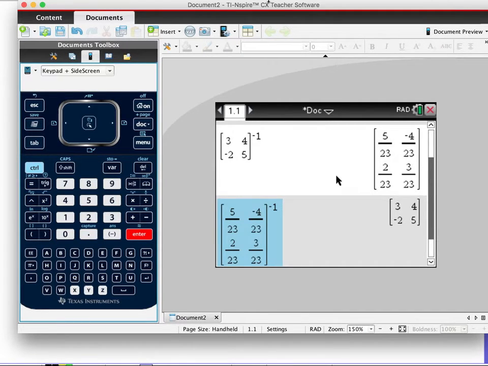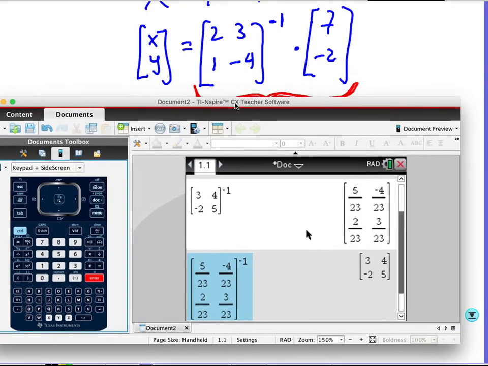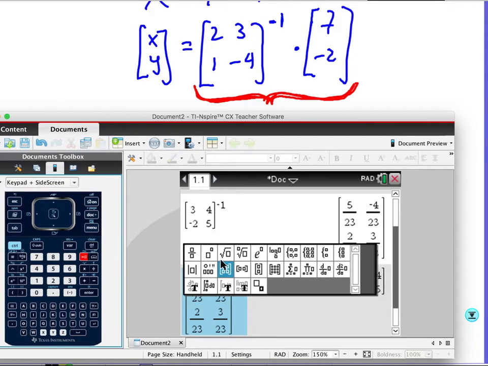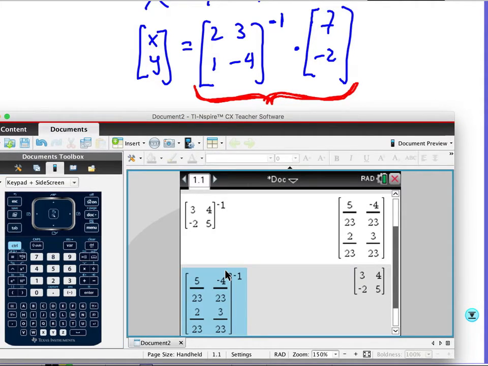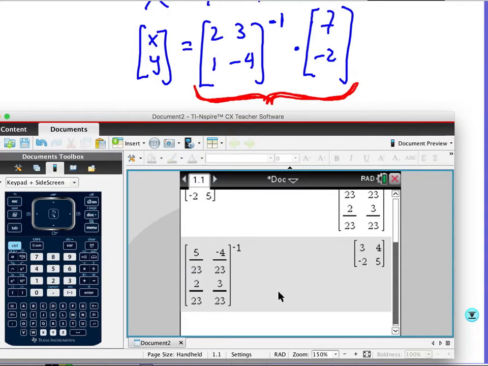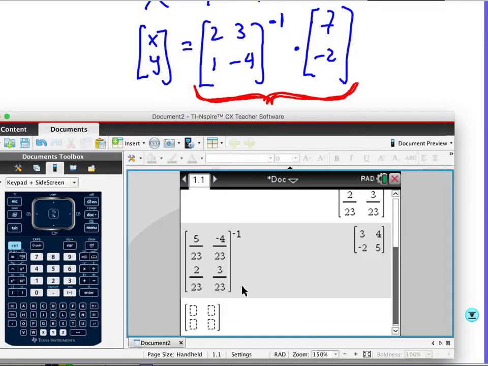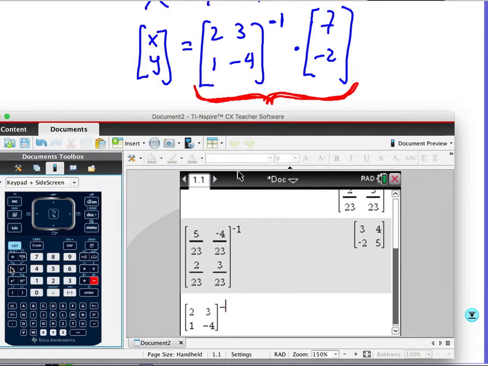And the first thing I want to do is input a 2 by 2 matrix, just using the shortcut right here. Okay, let me do that again. There we go. I'm going to put in my entries of matrix A, 2, 3, 1, and negative 4. Now you don't want to forget your inverse. So you're going to hit the caret symbol, then negative 1.